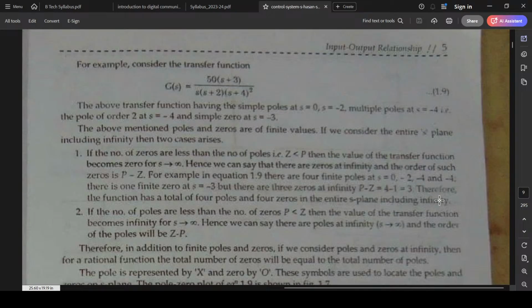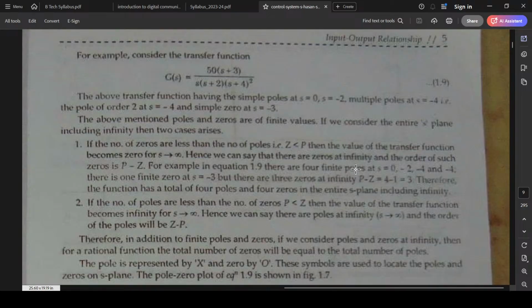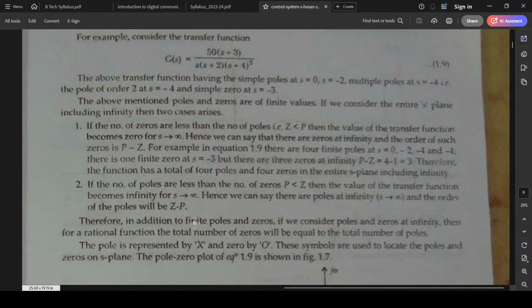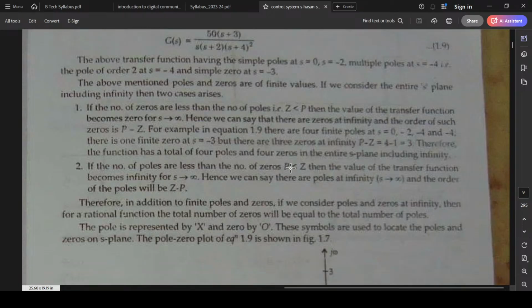Therefore, the function has a total of 4 poles and 4 zeros in the entire S-plane. There are always the same number of poles and zeros. If you found only one zero, the other three zeros are at infinity. And vice versa will happen if the poles are fewer, then they will be at infinity.